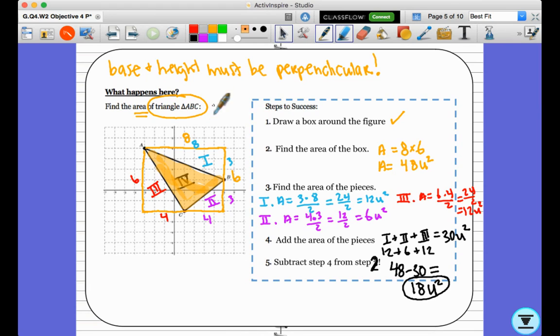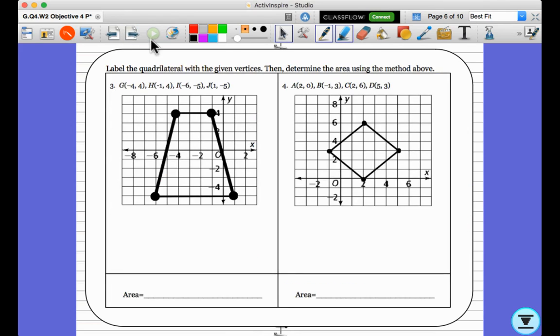So that's what this is, right? I'm finding the area of the larger piece. I did that by making sure the vertices were all on that box that I drew. So we're going to refer to this for the remainder of this lesson as the box method. And we're going to practice using the box method right now.